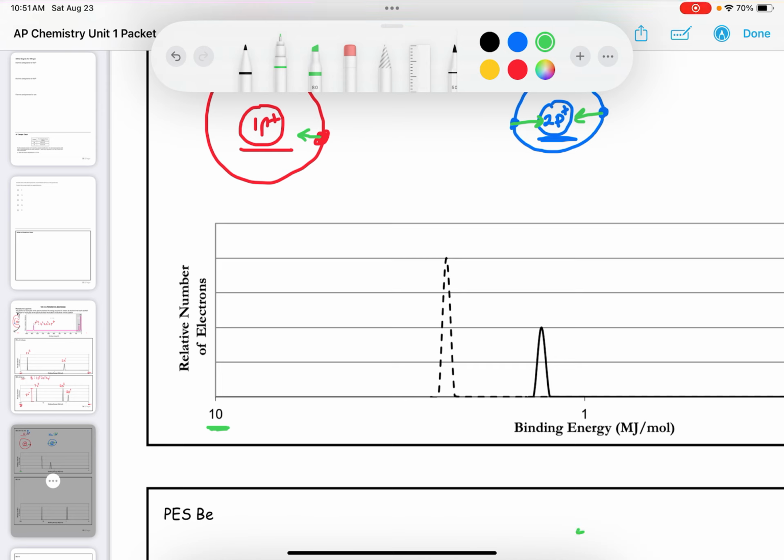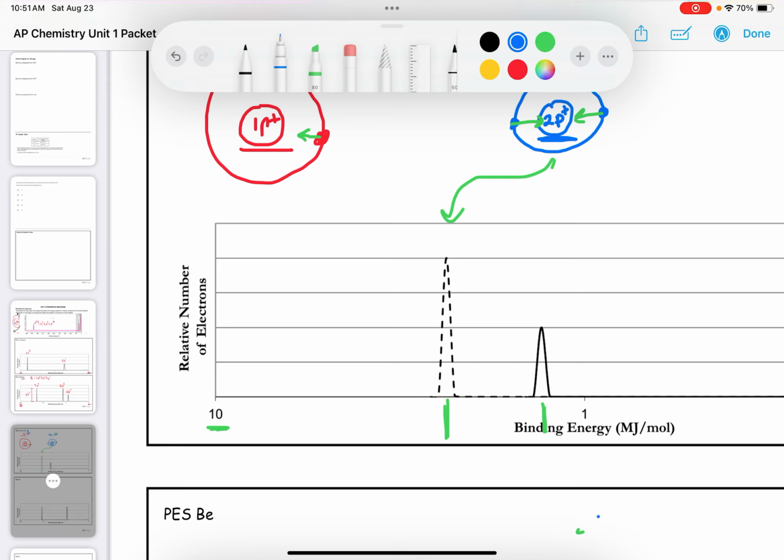So this 1s here is closer to the nucleus, and the 1s here is further away from the nucleus. Oh, so that must be our helium then, because those electrons are closer to the nucleus due to the fact that the nucleus has a greater positive charge, a greater attraction.